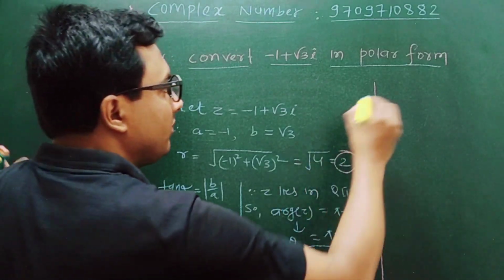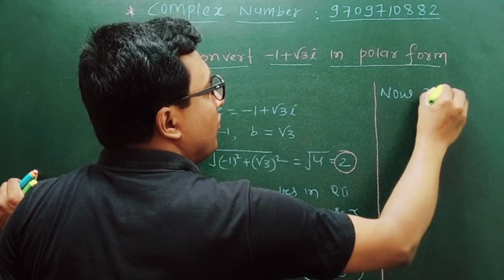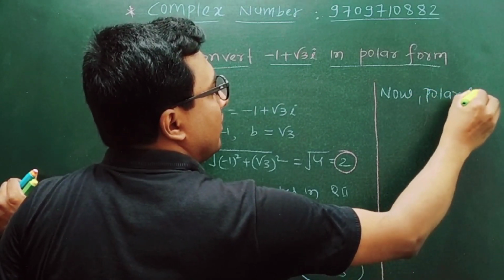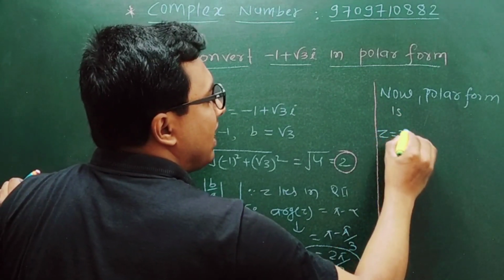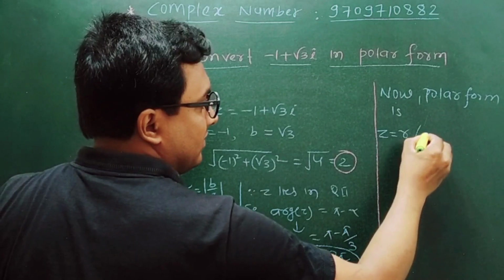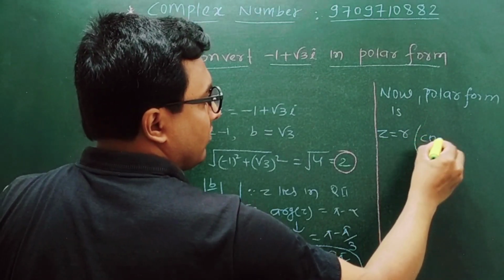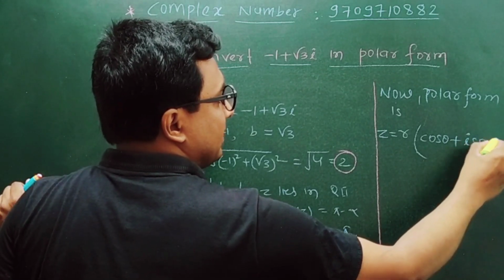Now the polar form is z is equal to r into what? Cos theta plus iota sin theta.